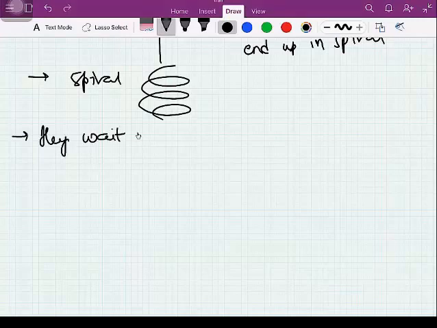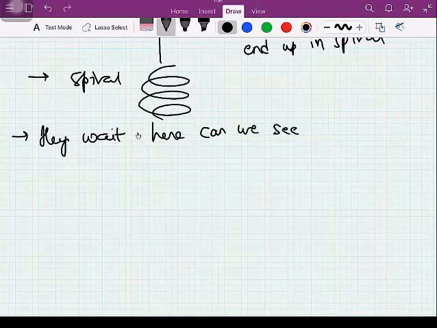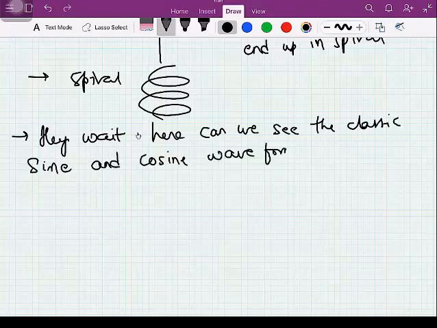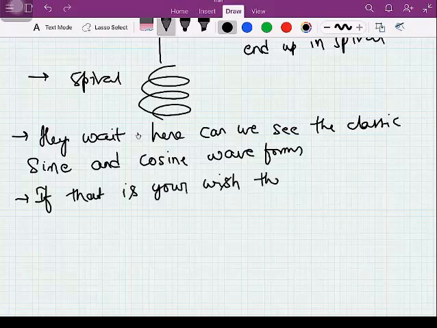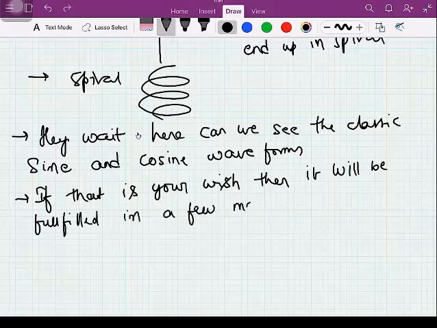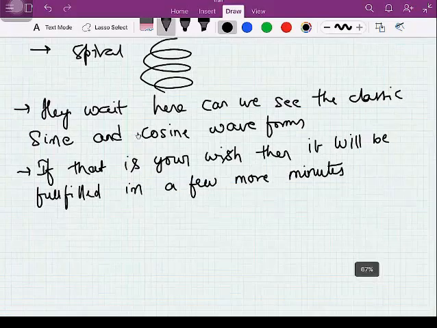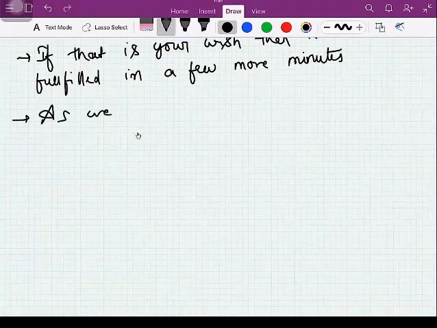Then can we see the classic sine and cosine wave in this spiral? If that is your wish, it is going to be fulfilled in a few more moments. Let's see how to arrive at the classical sine and cosine waves from this spiral.